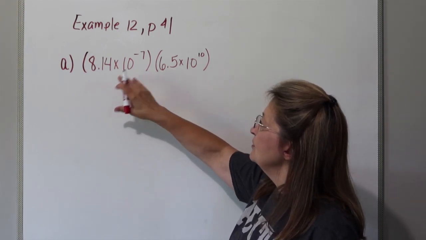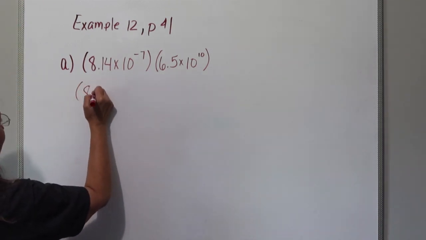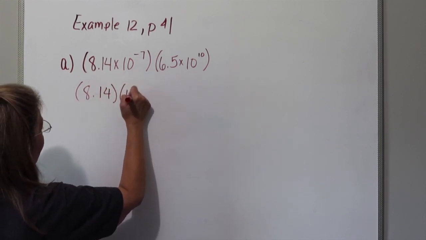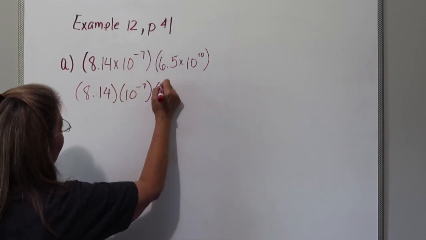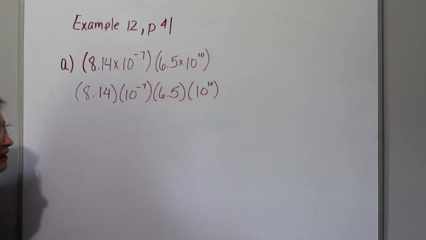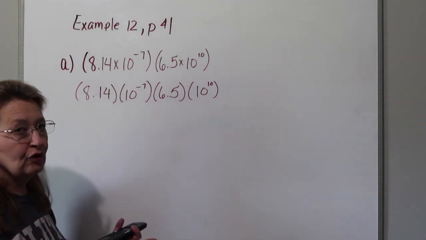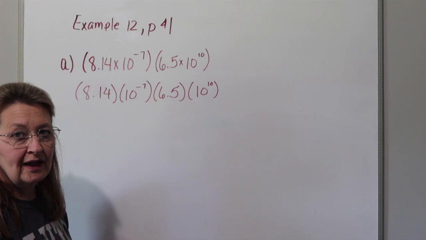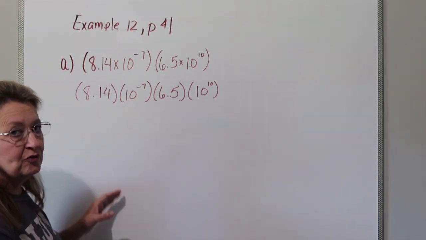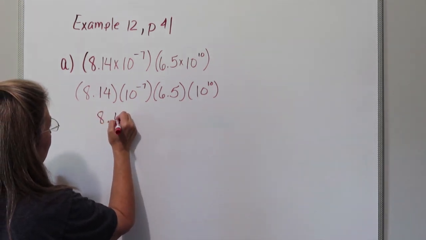What you actually have here is 4 numbers multiplied times each other. You wouldn't want to write this out every time, but I just want to show you what I mean. We can write this just like this. This is just 4 numbers multiplied together. Now let's group numbers together that are convenient. By convenient, I mean we have 2 numbers here that have exponents and matching bases. So let's put them next to each other.